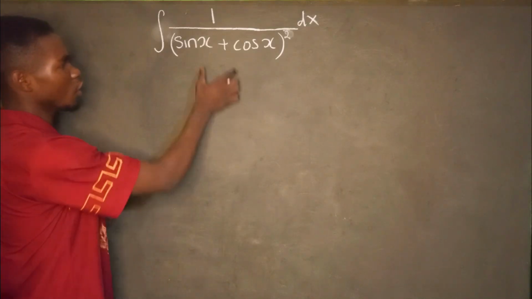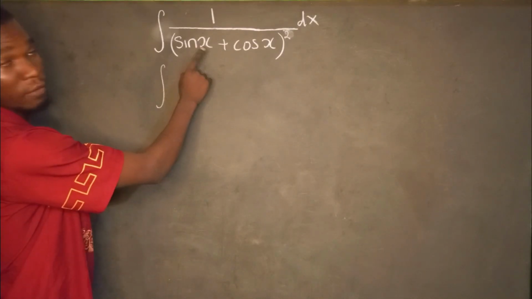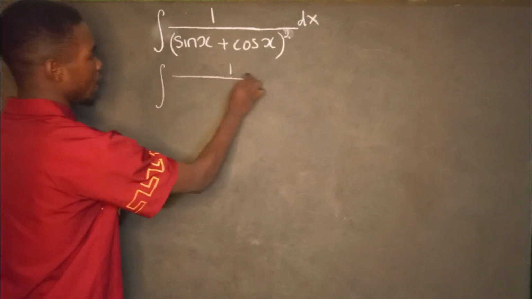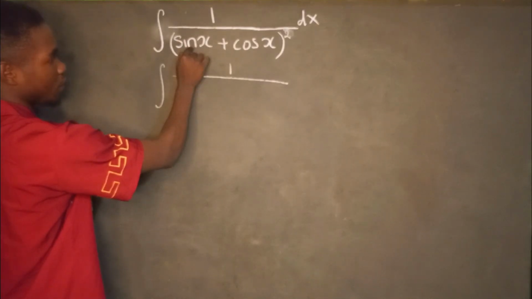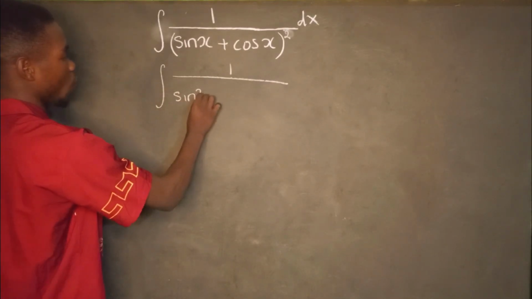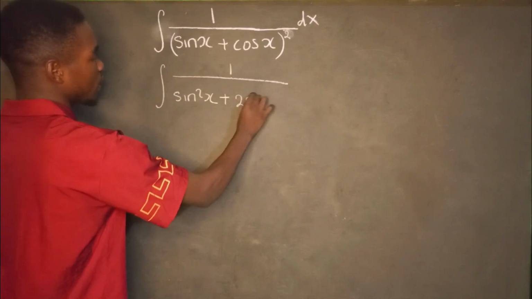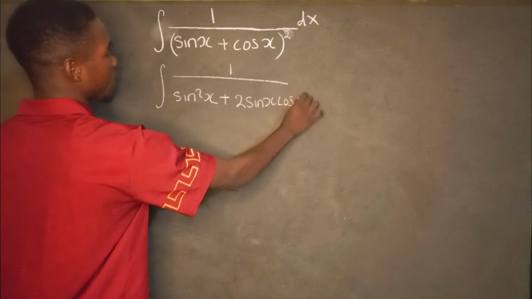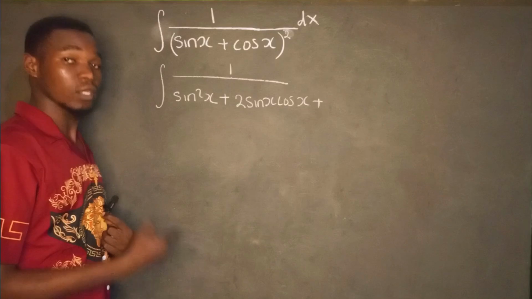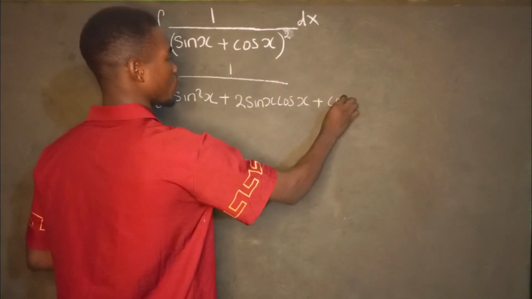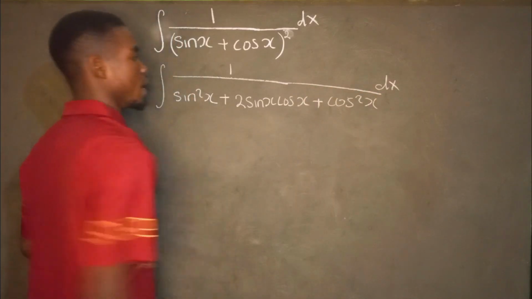If we simplify the bottom, we have 1 at the top, everything over sin x times sin x, which is sin squared x, plus 2 sin x cos x, plus cos x times cos x, which is cos squared x. Then we still have the dx.